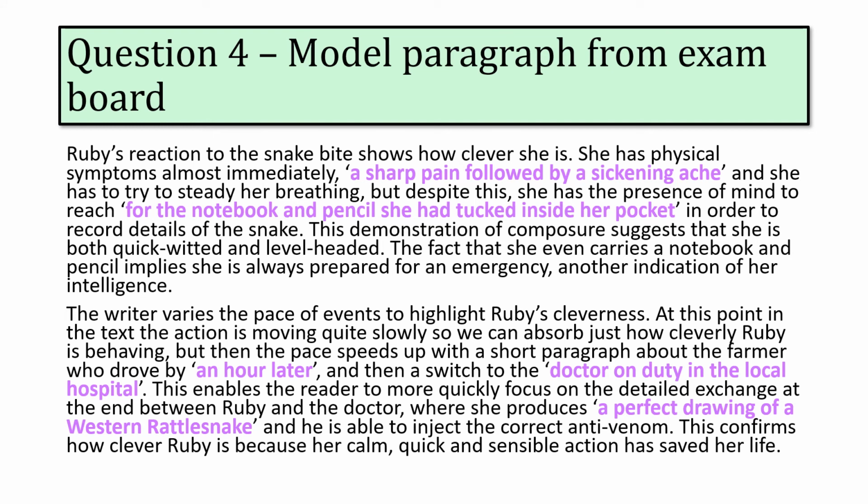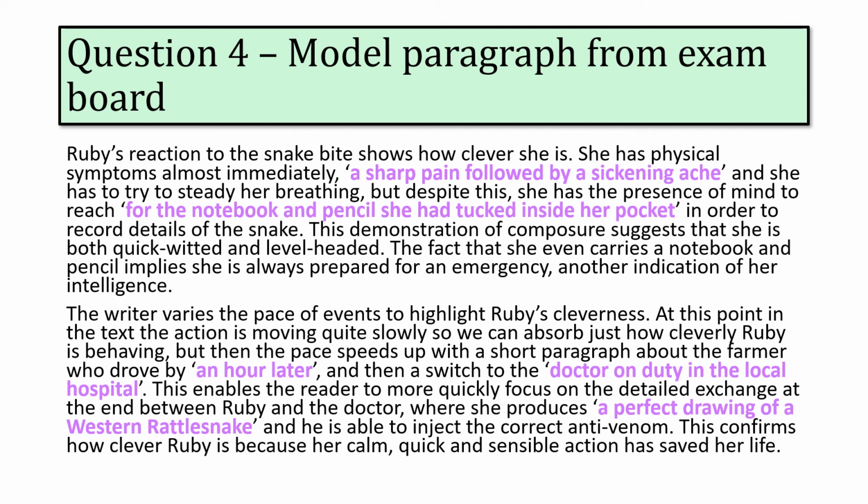So my quotations are embedded and they are judicious. I've selected them carefully in order to record details of the snake. This demonstration of composure suggests that she is both quick-witted and level-headed. The fact that she even carries a notebook and her pencil implies she is always prepared for an emergency, another indication of her intelligence. So I have used judicious quotations.